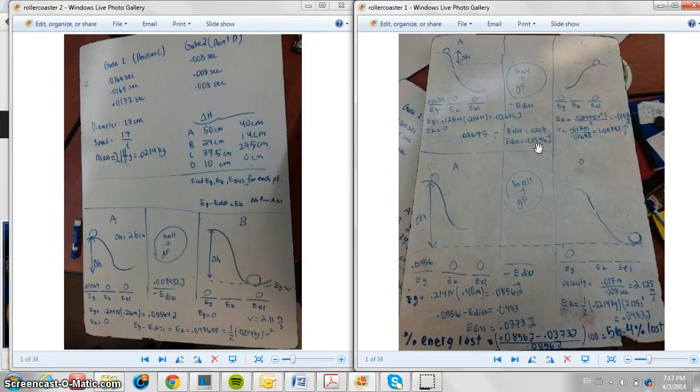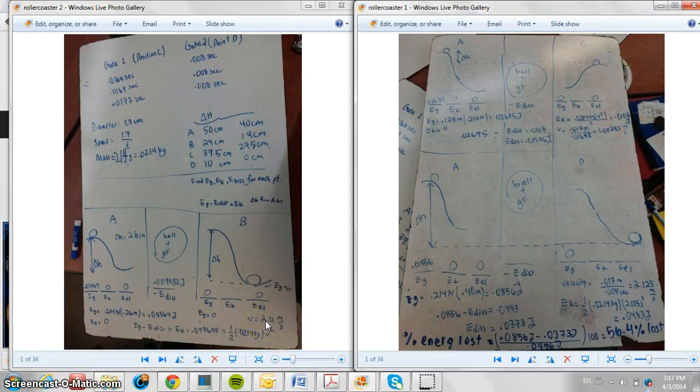And Mr. Day told us to assume that half of the E dis from A to C is your E dis from A to B. And so we assumed that. So we were able to find our Ek at point B, and with that we got our velocity.